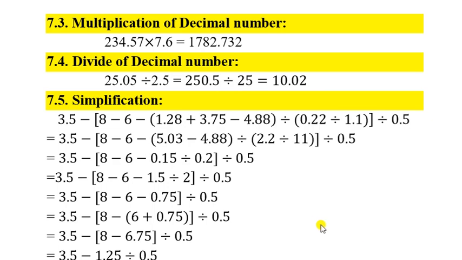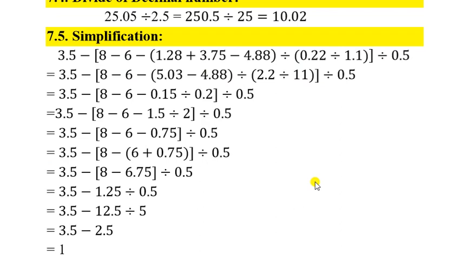Now simplification. How to simplify? See here, this is the simple number. By BODMAS rule, any given simplification you have to simplify by BODMAS rule.